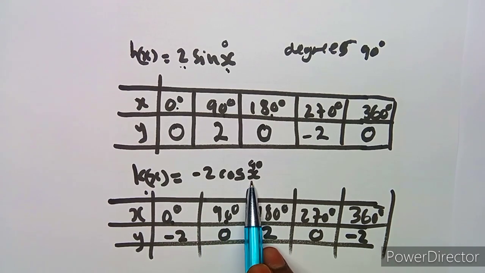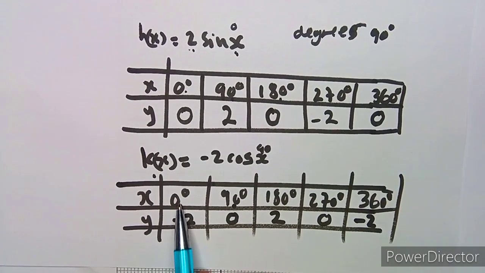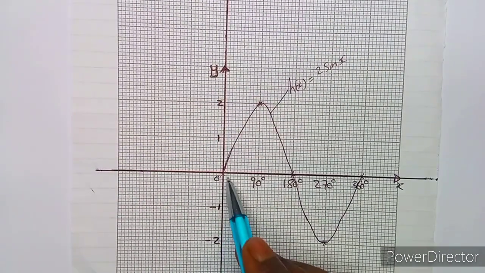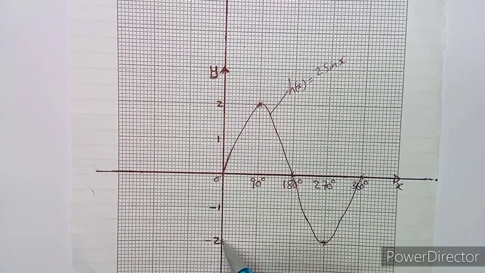Kx, which is negative 2 cos x. So this is going to be 0 minus 2 here.